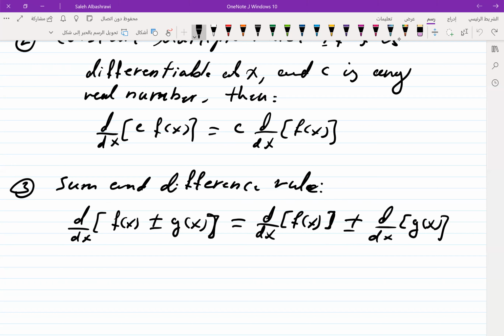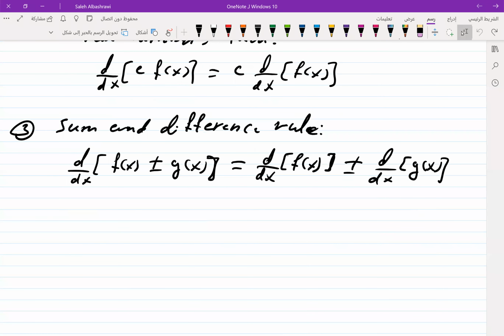This is the sum and difference rule. So the derivative of the sum of two differentiable functions at x is equal to the sum of their derivatives, f prime plus g prime. These are the 3 rules for this part, and I'm going to give now some examples to explain these rules.